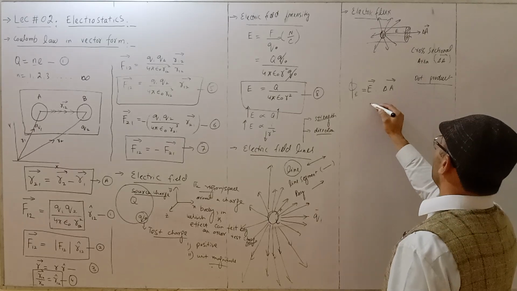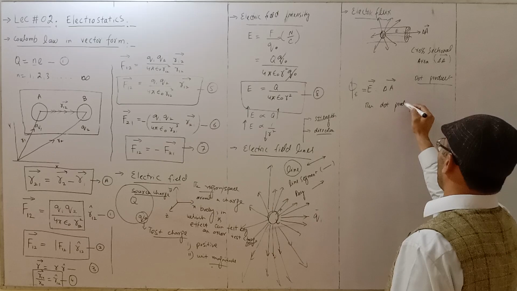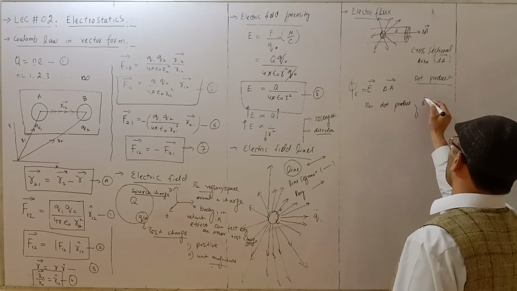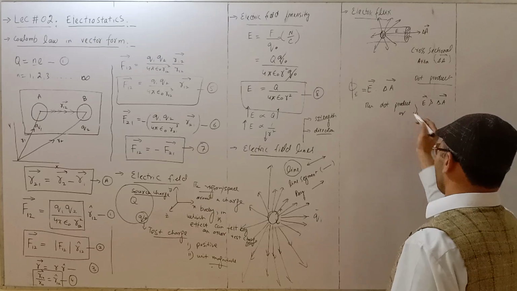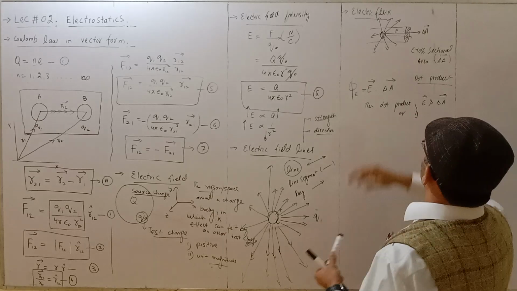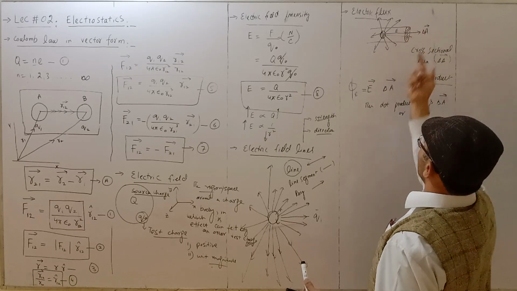So I can define electric flux as the dot product of the electric field intensity with the cross-sectional area, or in other words, the electric field lines passing through the cross-sectional area.